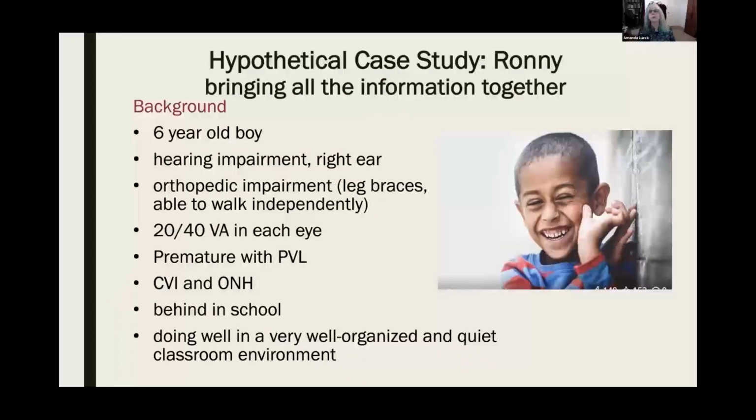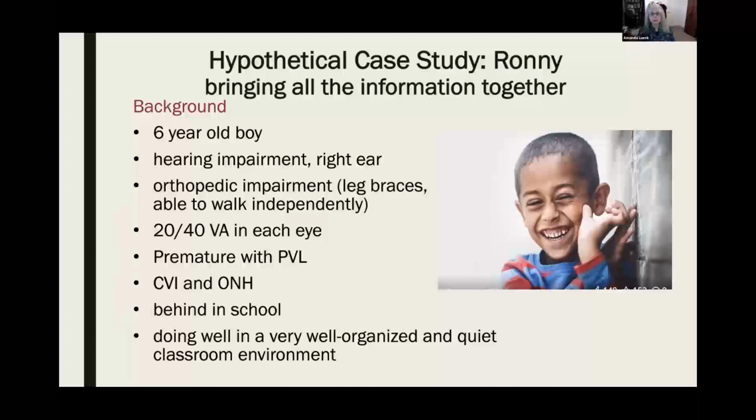Here's a hypothetical case study with Ronny. We had to bring all the information together that we had at the time. And what I will tell you is that it just brought up more information that we needed to go into in depth.